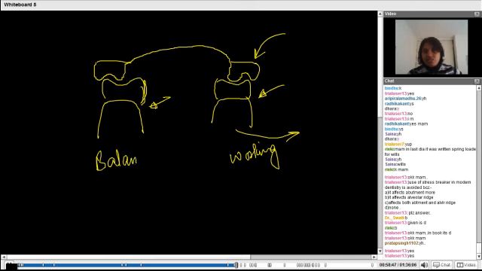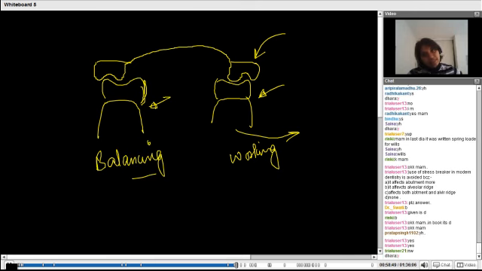So this is your working and this is your balancing. You will notice that teeth are in contact in centric occlusion. They are supposed to come in contact in lateral excursions, and also there are some teeth that will come in contact on your balancing side.